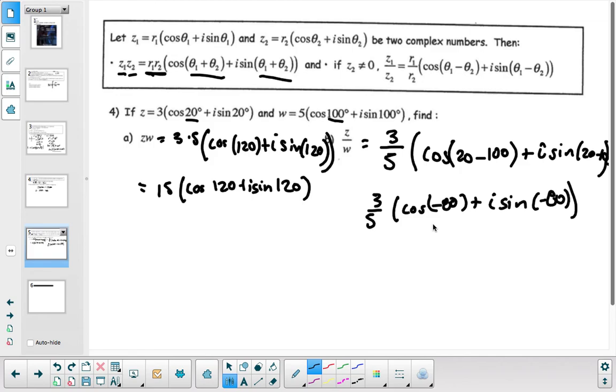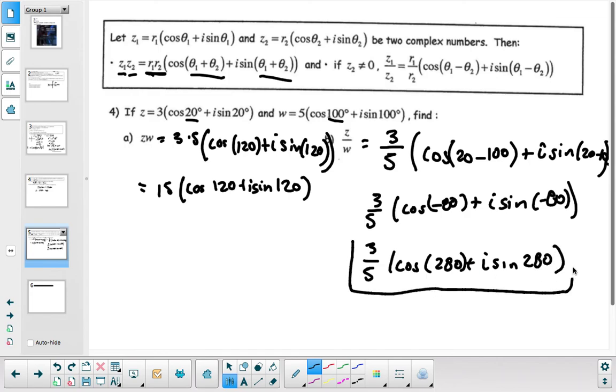Now we need it to be between 0 and 2 pi, or 0 and 360, so we need to add 360 to both of these, and we should get that it is cosine of 280 and then i sine of 280. You could figure out what that is in rectangular form, but again, this one would make even less sense because it's gross up here. This is gross. This one you might want to, just because 120 is not too bad.